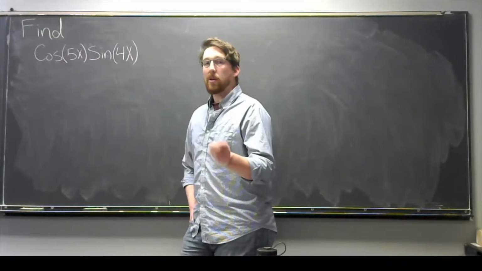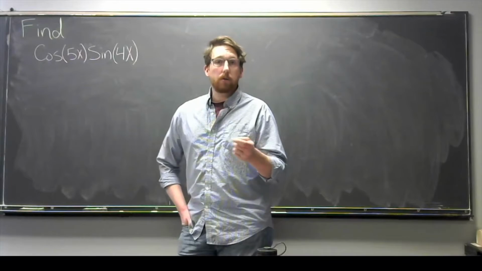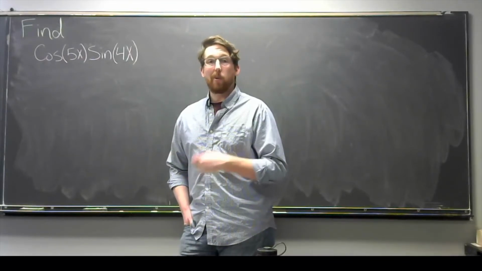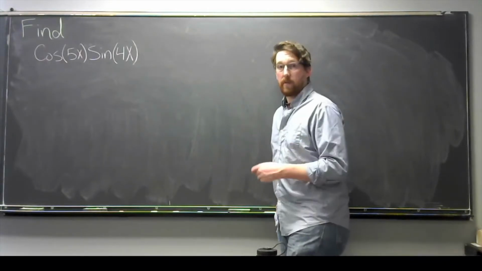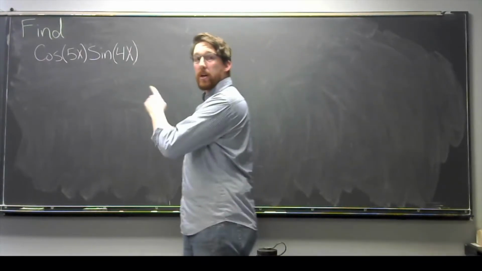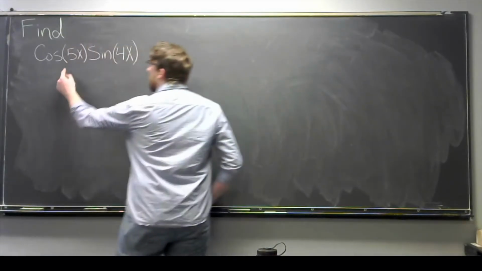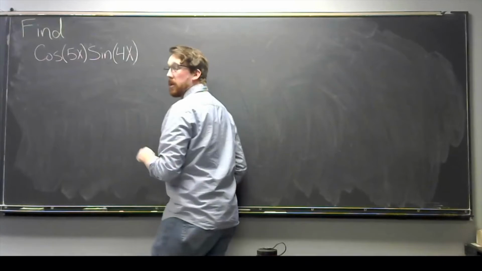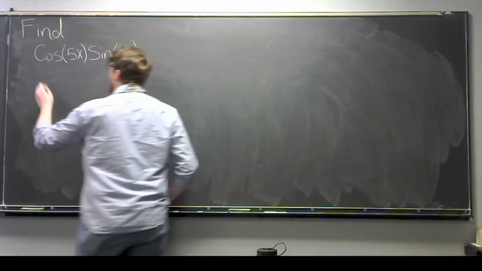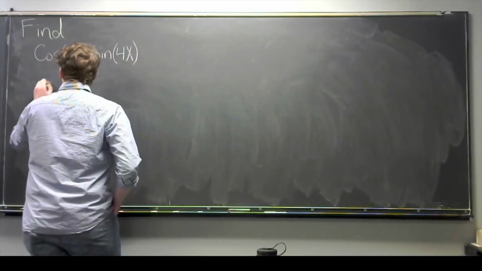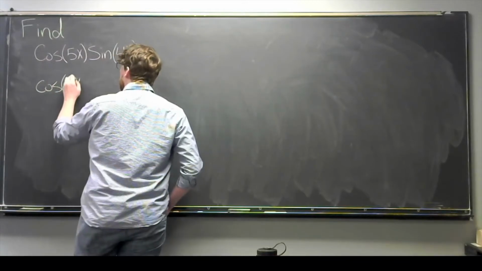So to tackle this problem, we could start by going back to that original problem I gave at the very beginning of the lecture for y'all to solve on your own, and using those here. So what I mean is we could go all the way back to the cosine of 4x, sine of 4x, and apply what we learned about those here. We can do that by rewriting cosine of 5x as the cosine of 4x plus x.